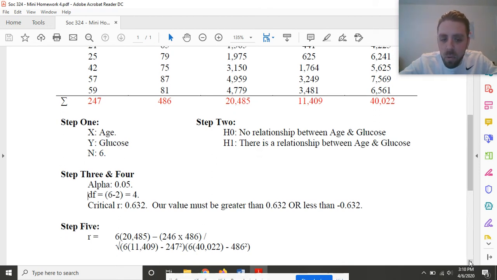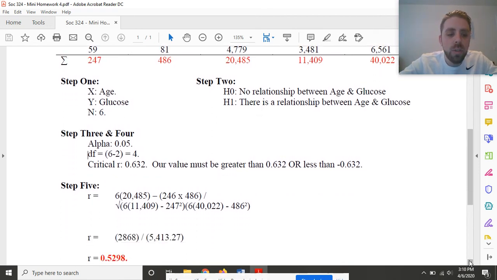Having that, I will reduce that to 2,868, that's the reduced numerator, divided by 5,413.27. That is the reduced denominator. Do that division, and I have reached an observed value of R of 0.5298. Easy money.